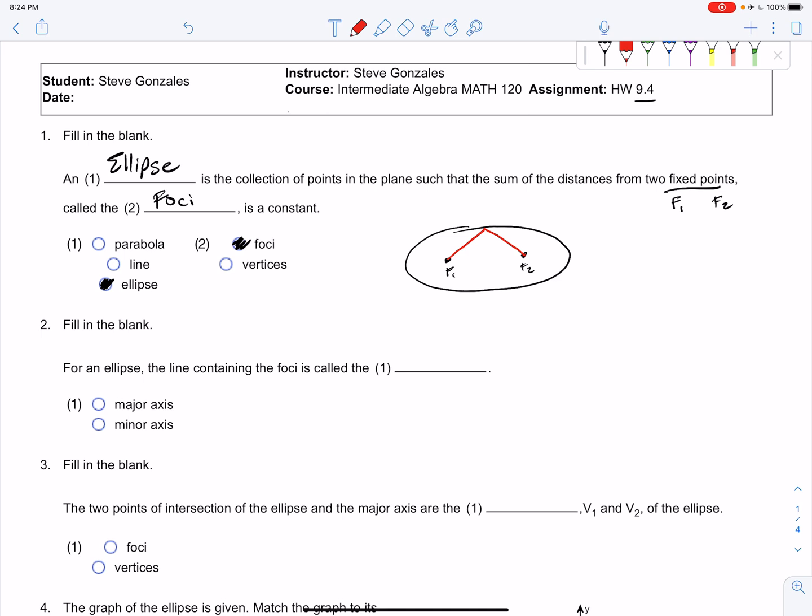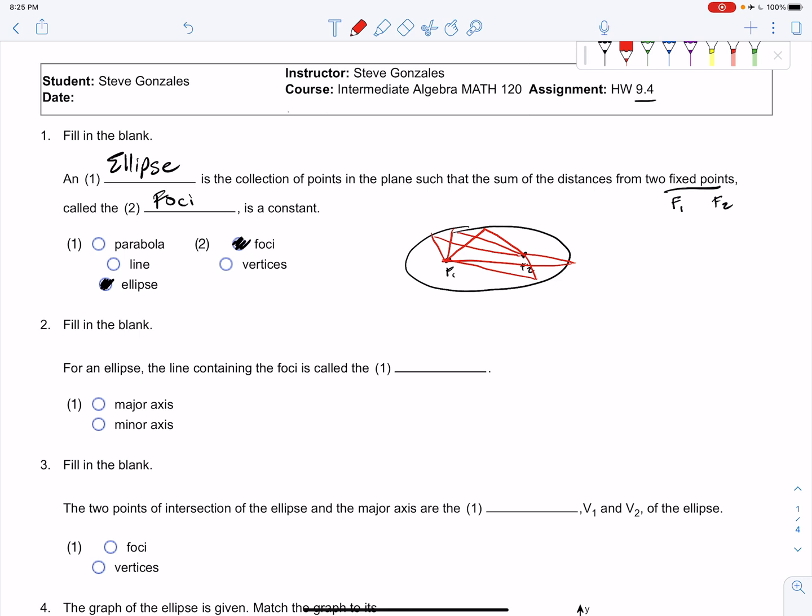If you think of this as a piece of string, the sum of those two lengths would not change. Each one of those pieces, if it's drawn perfectly, the sum of those two lengths will be exactly the same. In that case, you would have something called an ellipse.